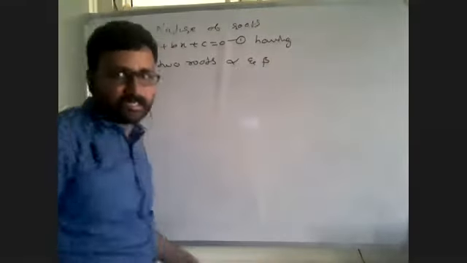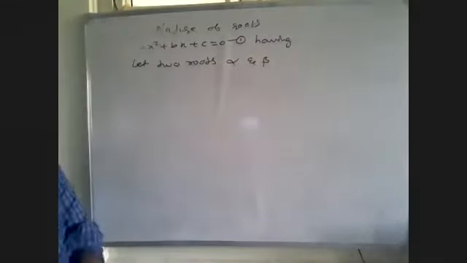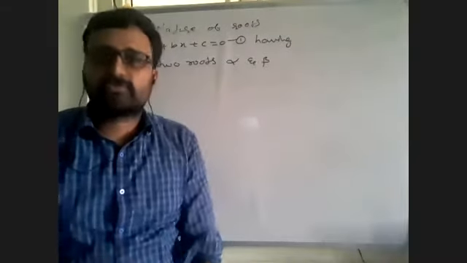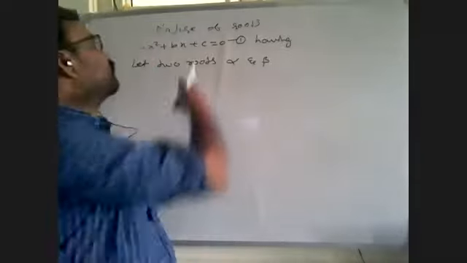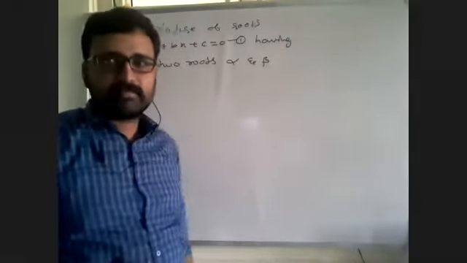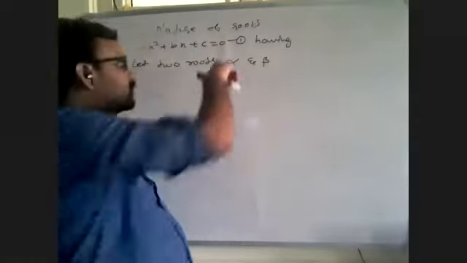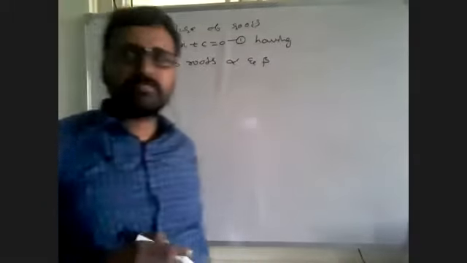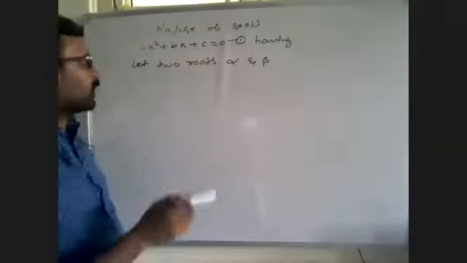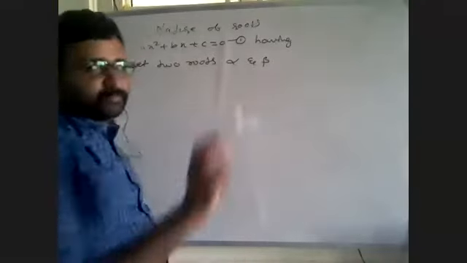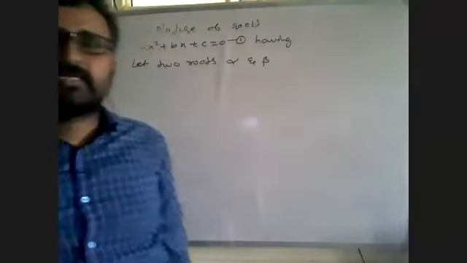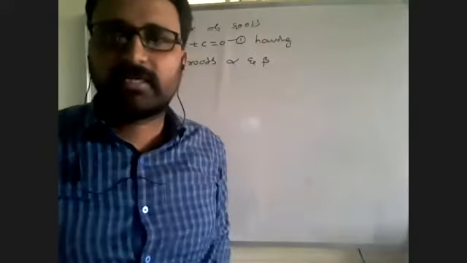We are just taking alpha and beta as the roots, because every quadratic equation has two roots. We can say the roots of this equation are minus b plus or minus root over b square minus 4ac by 2a. But here I am taking alpha as one solution and beta as the other solution of this quadratic equation.